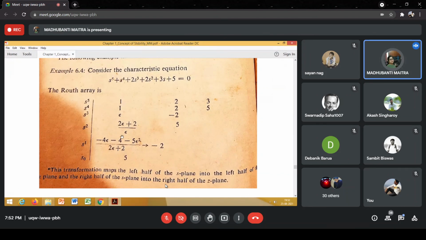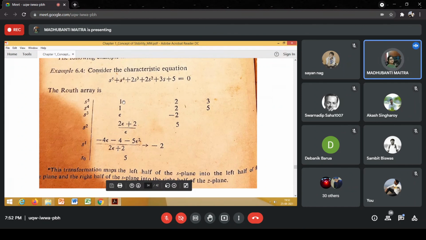So in the limiting condition, what will be the sign of this term? Minus 4 divided by plus 2 tends to minus 2, and the sign is negative. And obviously, this one is positive.